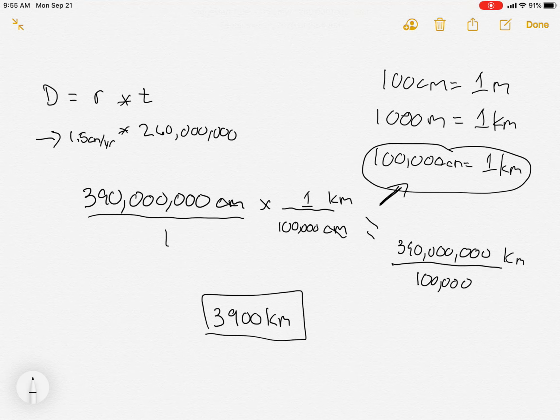The key is to look at what you're starting with, what you want the answer to be in, and then you can use that to figure out what you have to convert to, and then pick the right conversion, and then just do the little conversion before you do the math, before you plug it into the formula. You want to make sure they're all in the same units, and then you can make it work. So hopefully that helps. If not, you can always drop me a line and let me know.